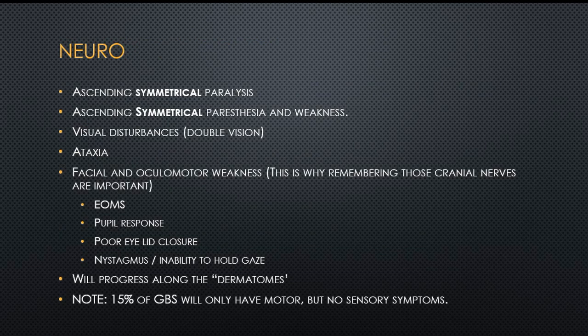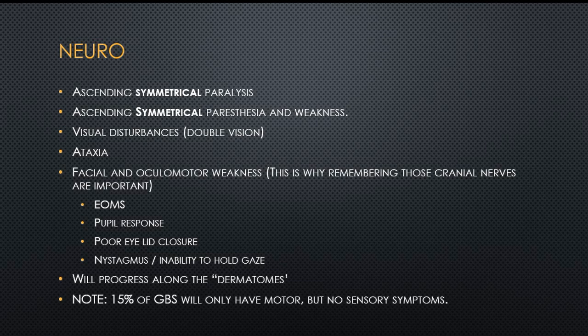So we talked about ascending symmetrical paralysis, ascending symmetrical paresthesia, and weakness. We also get visual disturbances, and we'll talk about that in a minute. The ataxic gait is from the early stages of the weakness. They also have facial and ocular motor weakness. So, you remember when you had to learn all those cranial nerves?